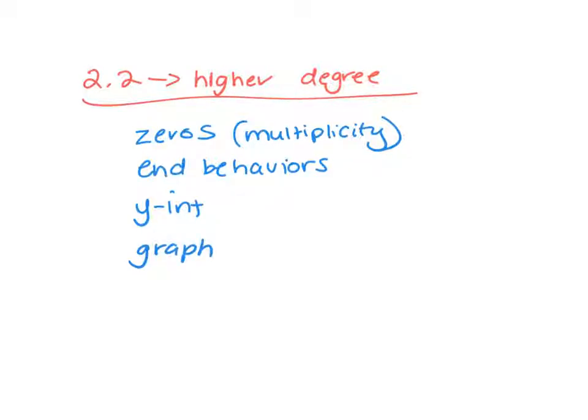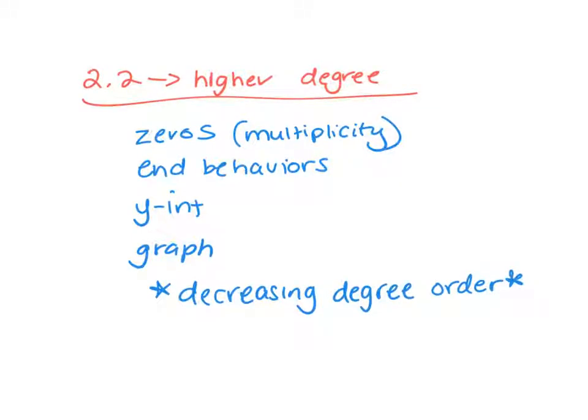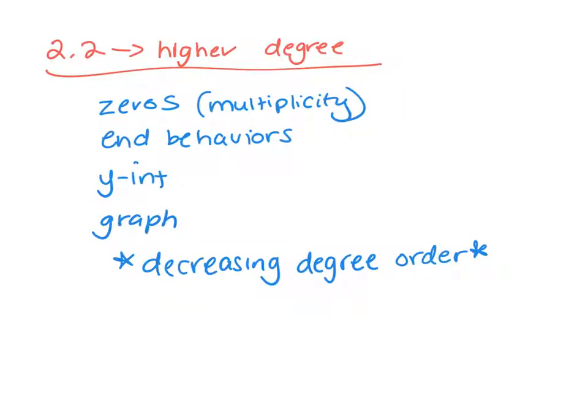So an important thing is to make sure it's in decreasing degree order before you determine your end behavior, okay? Don't always look at just the first one. It's got to be the one with the highest exponent. You're going to definitely be factoring. It could be just a regular trinomial.